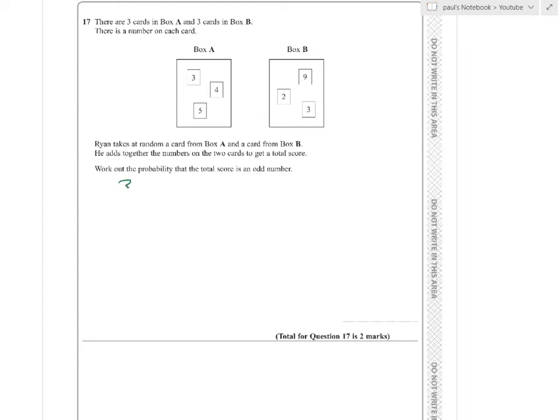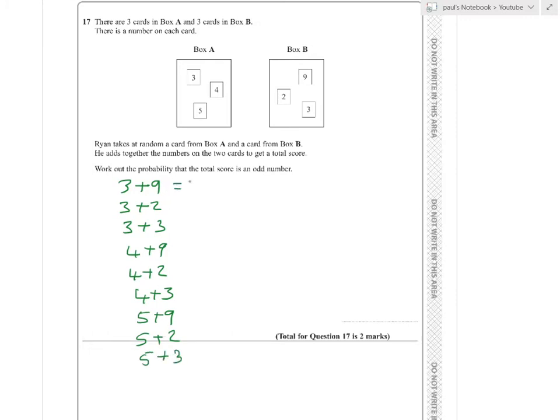So he could pick a 3 plus a 9, a 3 plus a 2, and a 3 plus a 3, or a 4 plus a 9, a 4 plus a 2, and a 4 plus a 3, or indeed a 5 plus a 9, a 5 plus a 2, and a 5 plus a 3. How many are odd?